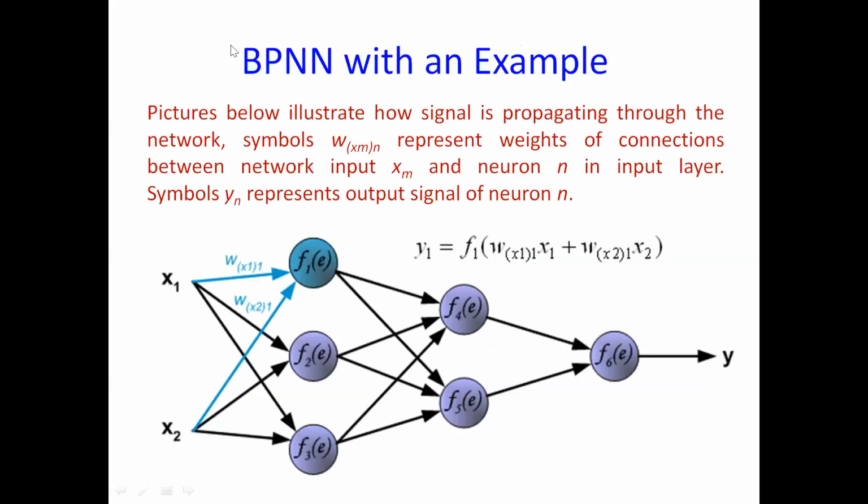Whatever we have learned so far, we can utilize with an example. You can see a picture below. As you can see in this picture, these are the inputs. This is the first layer.